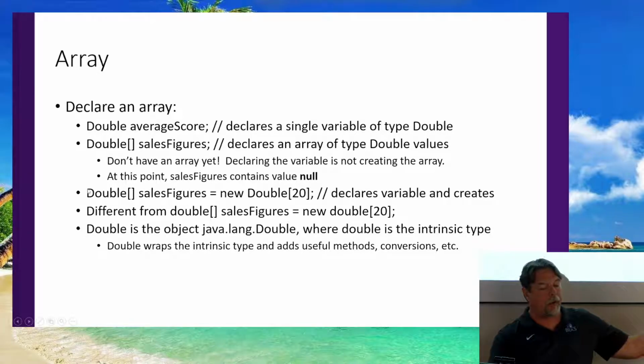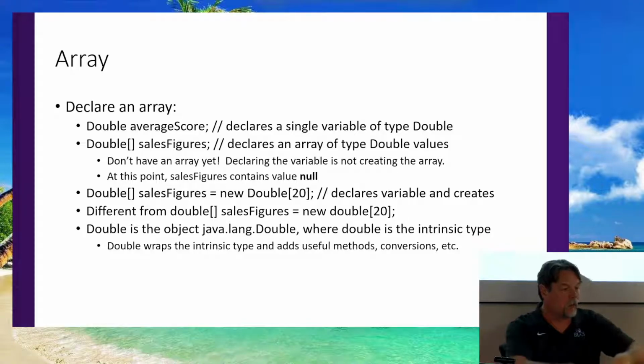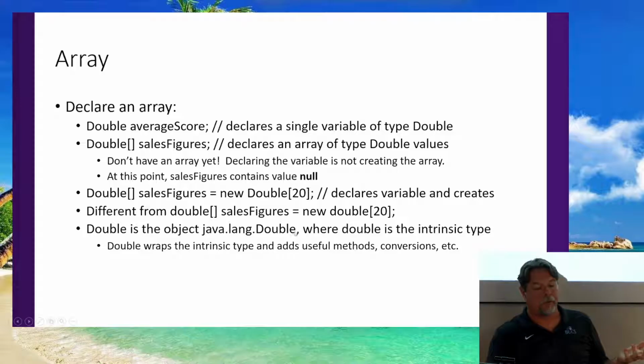When you see the capitalization, there is a class called Double that somebody has implemented someplace that acts very much like the lowercase intrinsic double data type, except that it usually adds some more helpful methods that allow us to do interesting things like parse a string to a double, or all kinds of things. You can look this up in the language specification, java.lang.Double, and see what all the methods and properties of Double are.